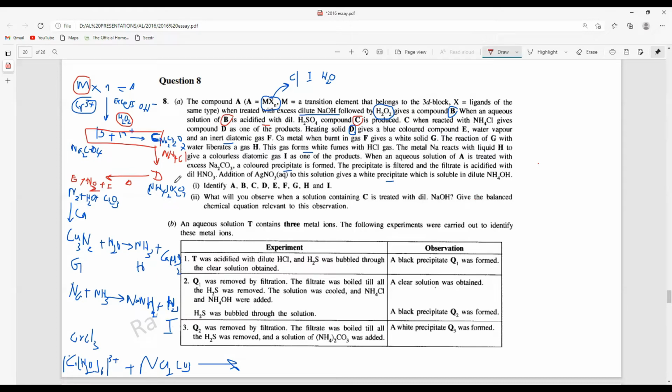So A to I is identified. And then, what will you observe when solution C is treated with dilute NaOH? Give the balanced chemical equation.